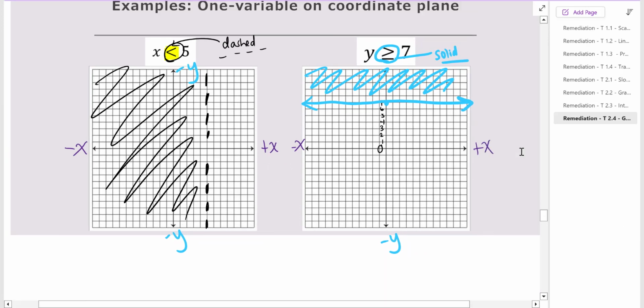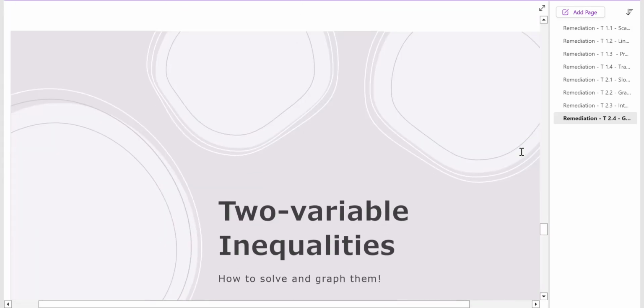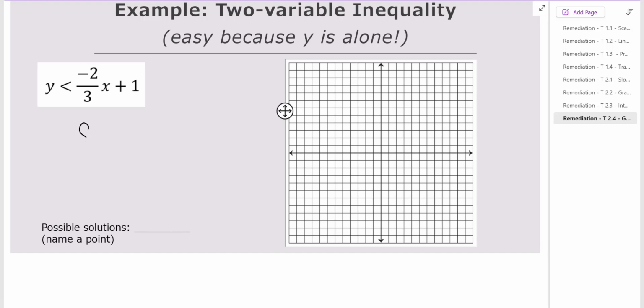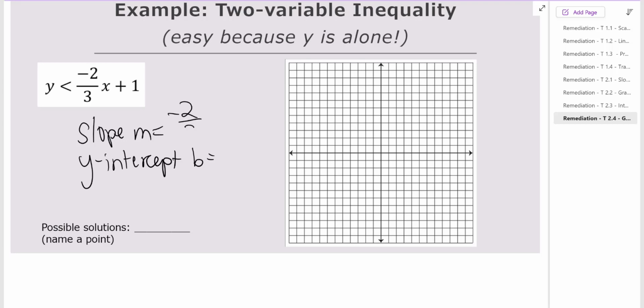Okay, so the next part is two variables. So for this one, identify slope and the y-intercept. Slope is -2/3, so it's down to right 3. Y-intercept is 1. The first point on the graph is the y-intercept.